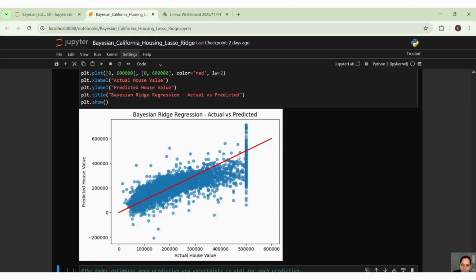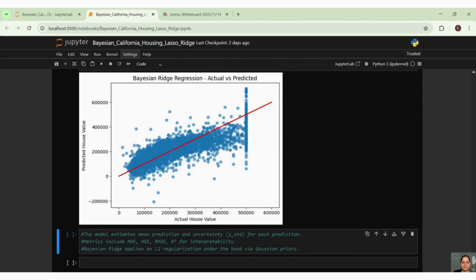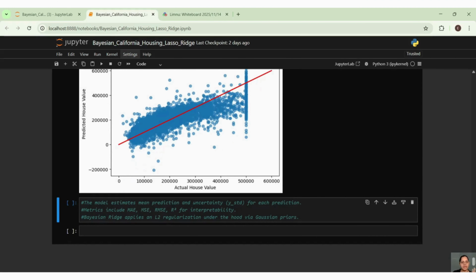And you can see that the values which are closer to this line, the blue dots, are going to be your predicted values. And this is how we can achieve our goal or the final predictions with Bayesian ridge.